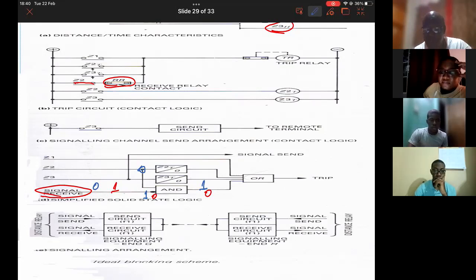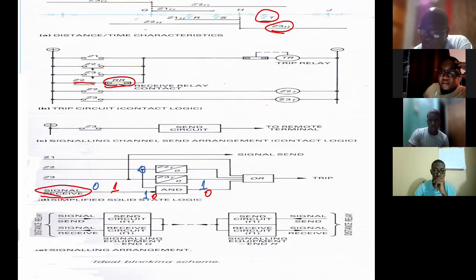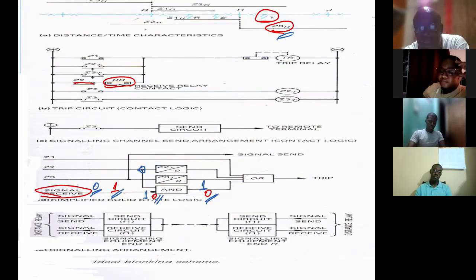But if you have a signal being sent, as we are showing here with fault T, it's in zone 3, so the zone 3 would have sent a signal, which is 1, and corresponds to a 0 because you have the NOT gate, so it will correspond to a 0 into the AND, which therefore gives you a 0 at the output. Because remember, the blocking scheme only sends a signal if you should not operate.